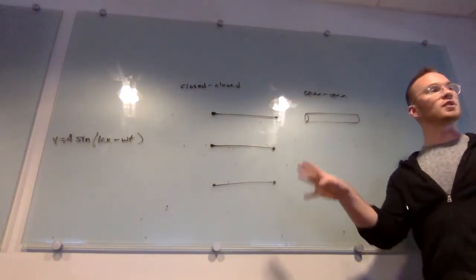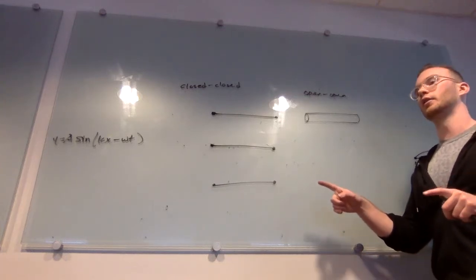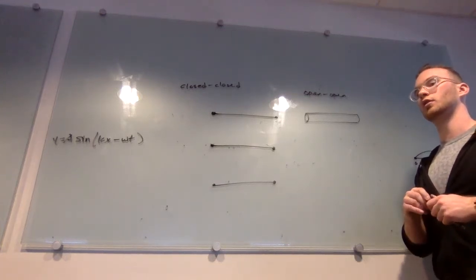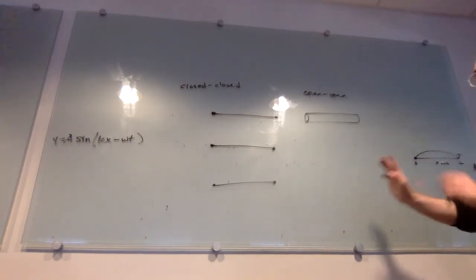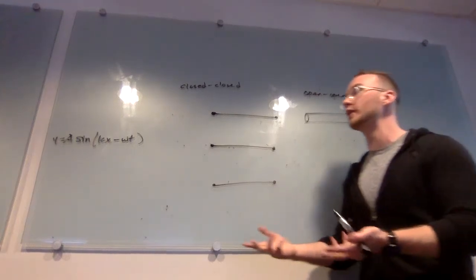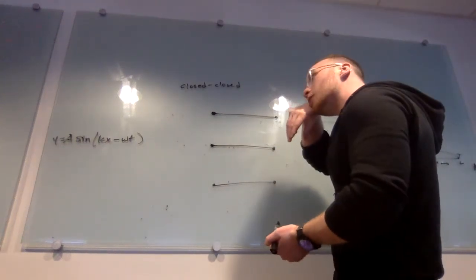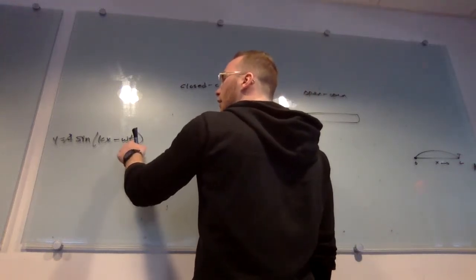So they can't describe standing waves. But as we saw before, if you add two waves together that have the same velocity moving in opposite directions, you can get standing waves, and we can find what they should look like.